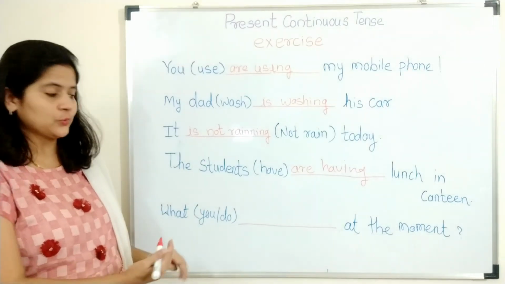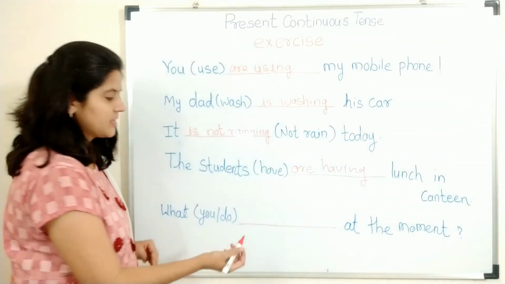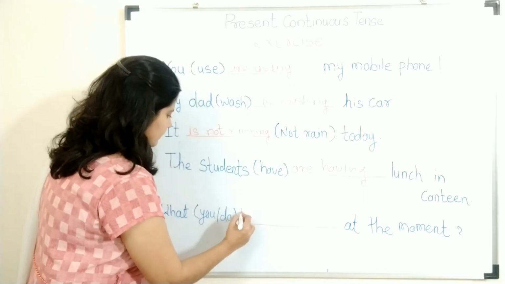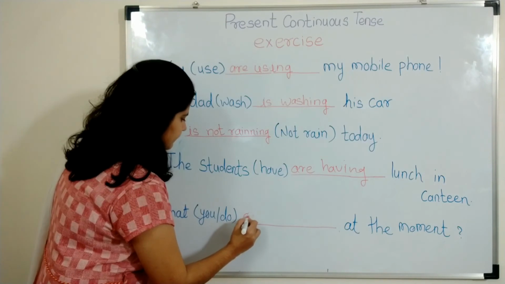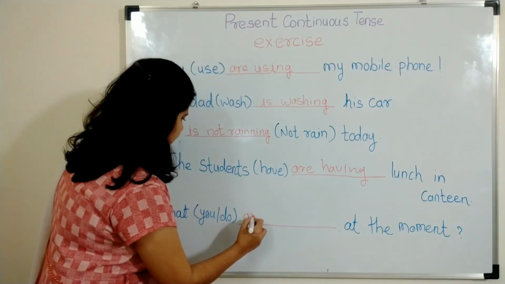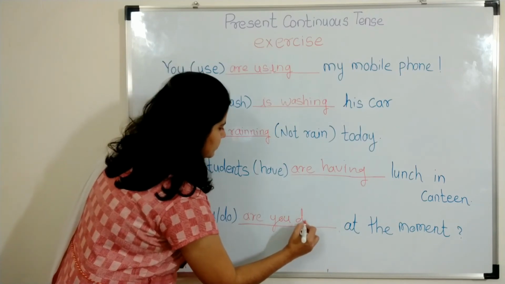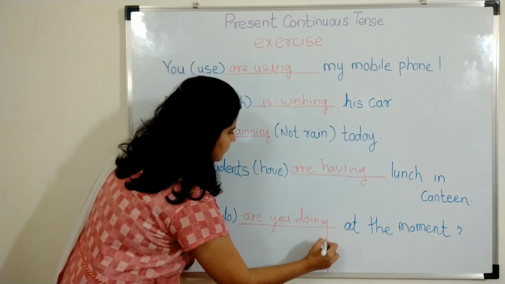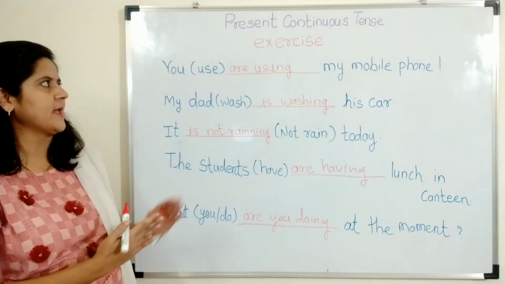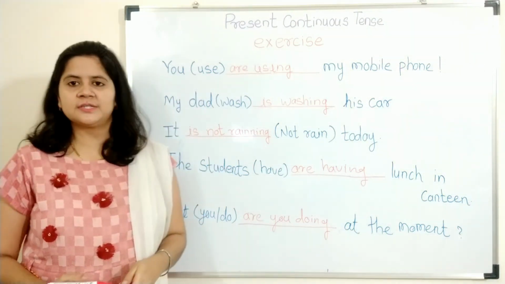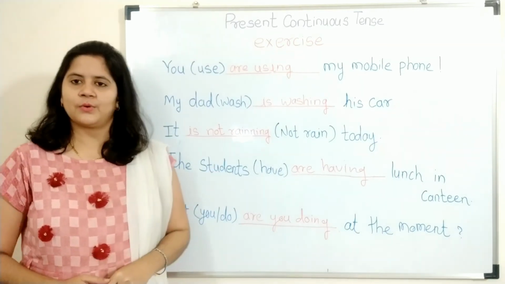We have to use both words here. What, after that the helping verb will come. Are you doing at the moment? It is very simple to understand the present continuous tense. So keep practicing, keep watching. Okay, bye bye.